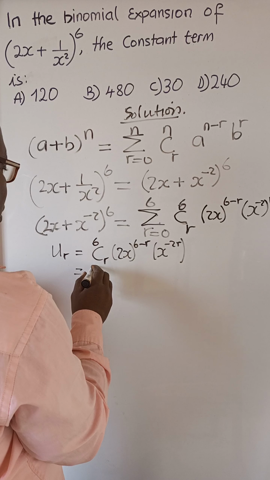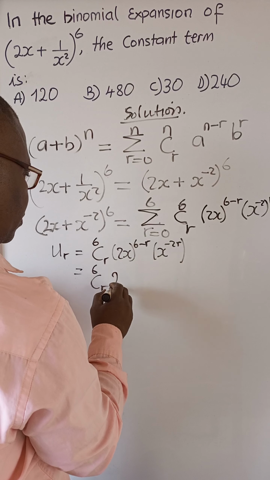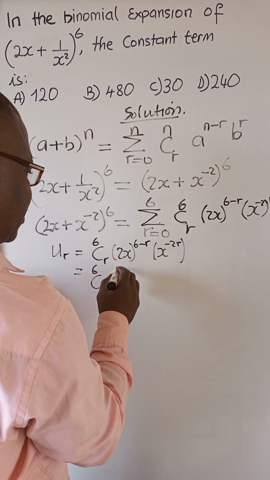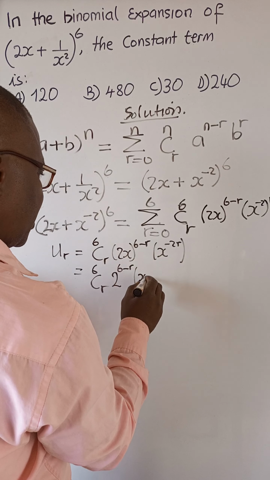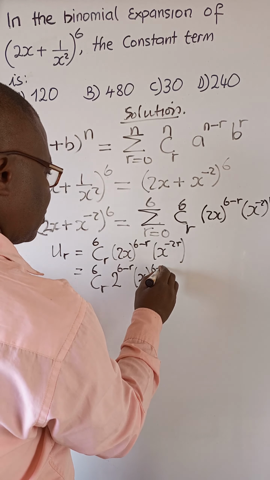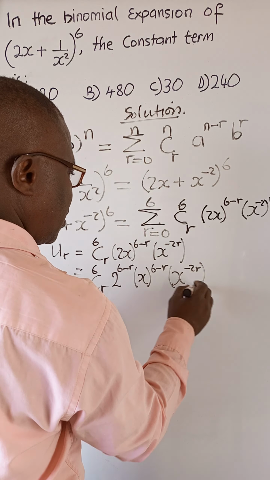So we can continue our arrangement. We bring out 2 and x share this power. So 2 to the power 6 minus r, x to the power 6 minus r, and then x to the power negative 2r.